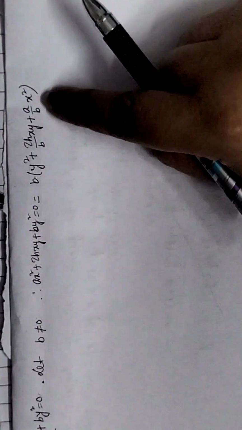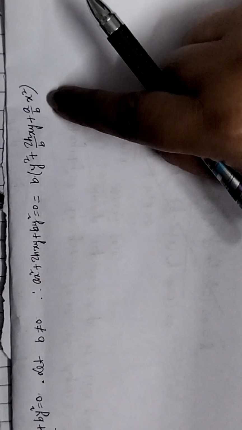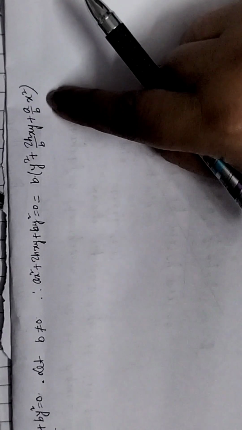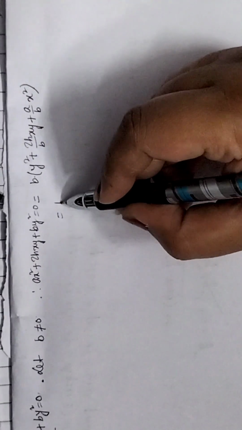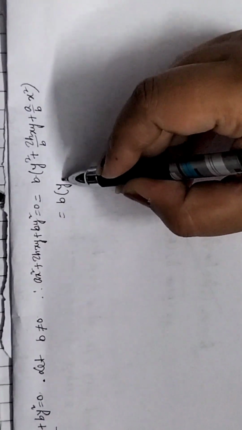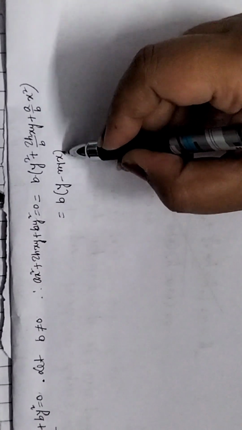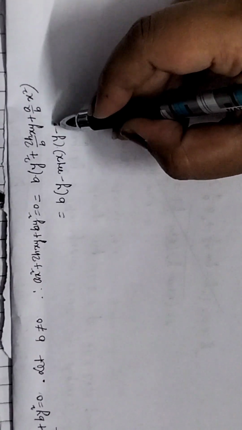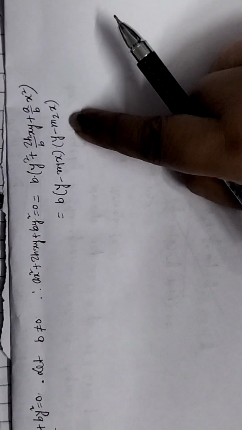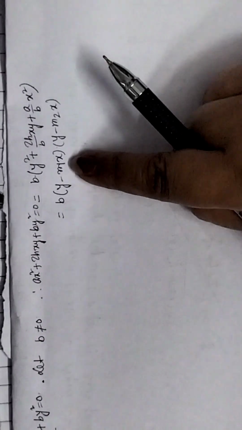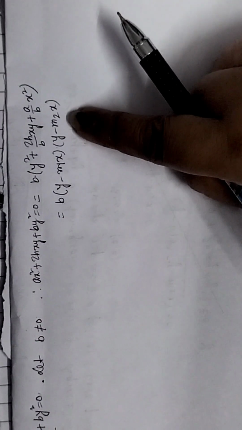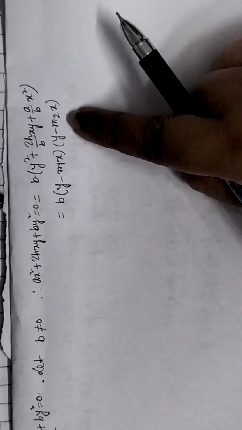Okay. Now this formation will obviously represent the same pair of straight lines passing through origin. So here we can write it as b into (y minus m1x) into (y minus m2x), because these are the standard equations of the straight lines which pass through origin, where m1 and m2 are the slopes of those lines respectively, right?